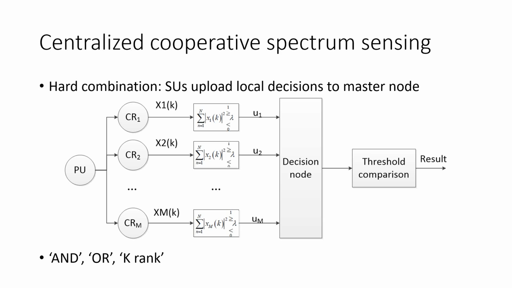The OR principle means that the master node will decide the primary user is present when at least one secondary user decides the primary user is present. And the K-rank principle means that the master node will decide the primary user is present when at least K secondary users decide the primary user is present.